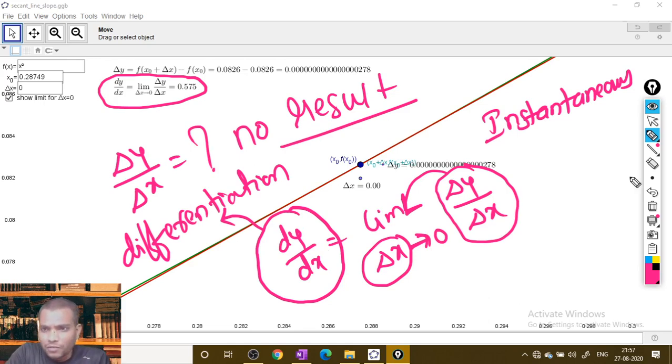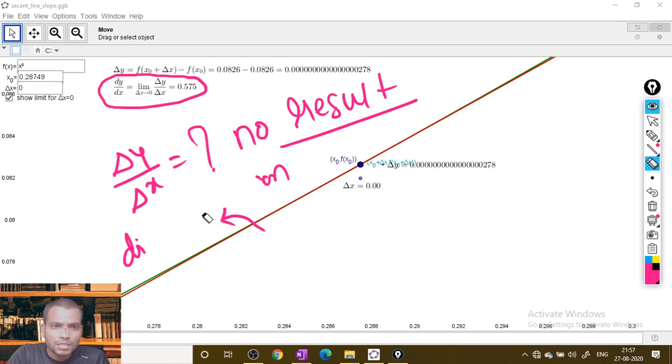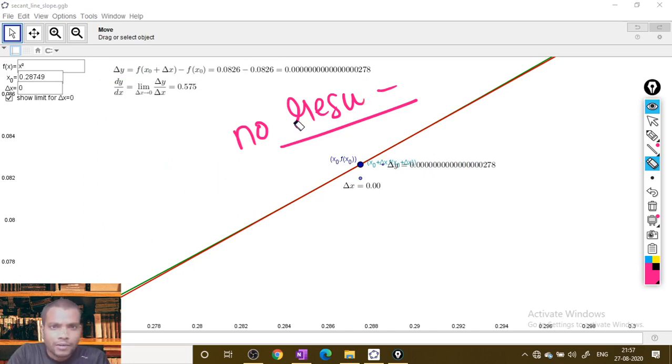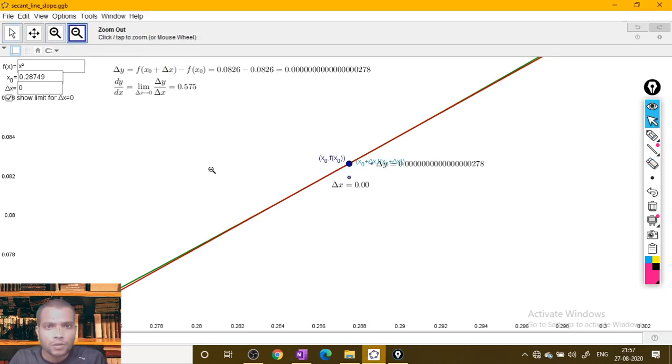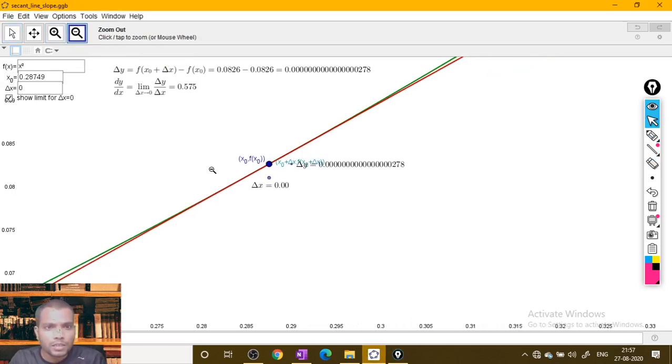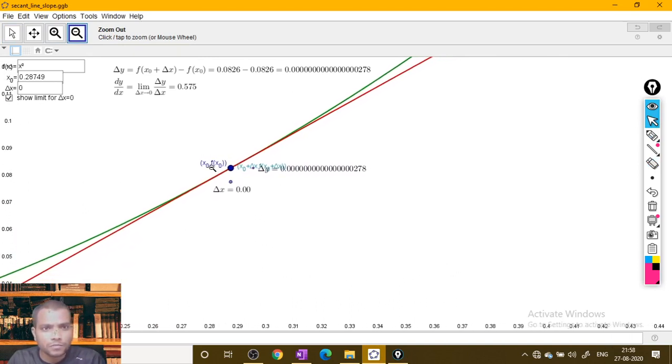When we do differentiation, observe how things change. This is the highest zoomed point I have taken. Suppose I zoom out from this, you can see how the graph changes.